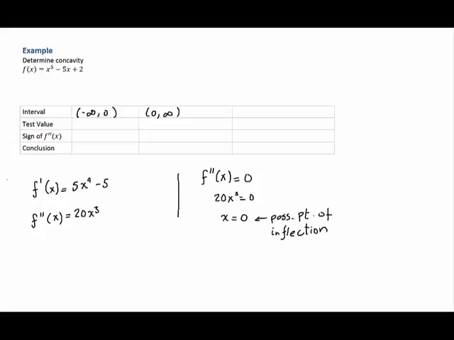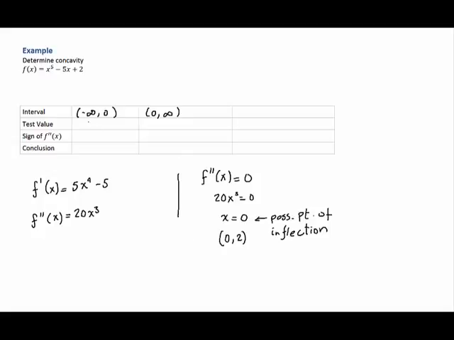By the way, I should be a little more careful. The possible point of inflection would be the point on the graph. So the x-coordinate is 0, and the y-coordinate, you plug it into f, would be 2. So the possible point of inflection is the point (0, 2) on the graph of f of x.